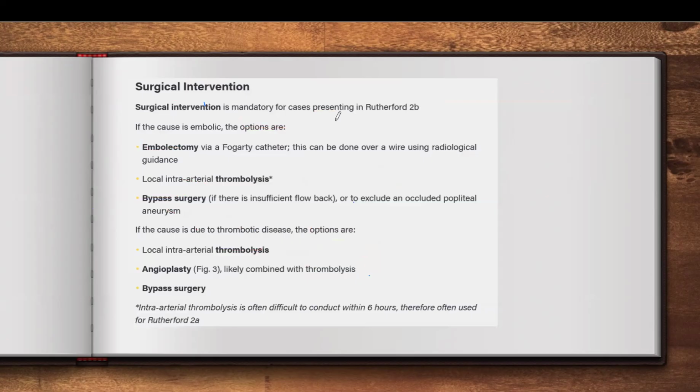So, surgical intervention for 2B. This is the immediately threatened limb that I've just shown in the table. So for this, if the cause is embolic, like in our case, the patient has underlying atrial fibrillation, so most likely it is some embolus that is stuck in the limb. So the cause is embolus, so we can do the embolectomy.